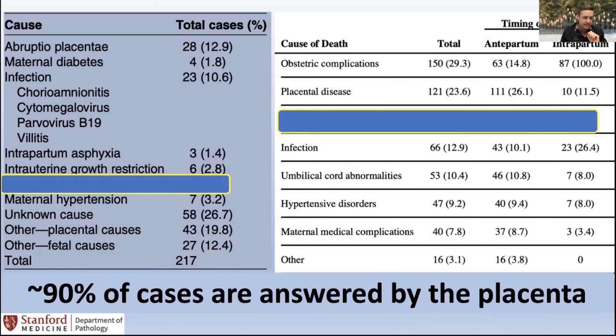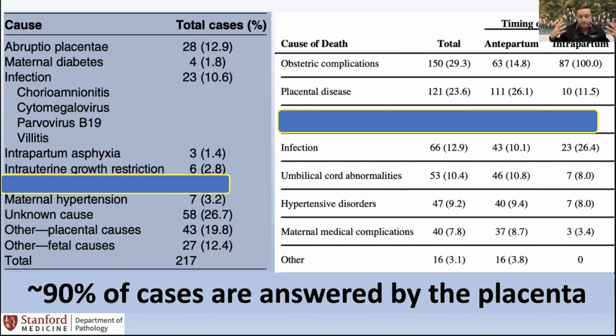And you might see, just if you're really paying attention, something here that says fetal causes. Yes, so the word fetal is in that category as well, but we'll see that that is a different type of fetal cause. That's a fetal cause that can still be answered by the placenta.